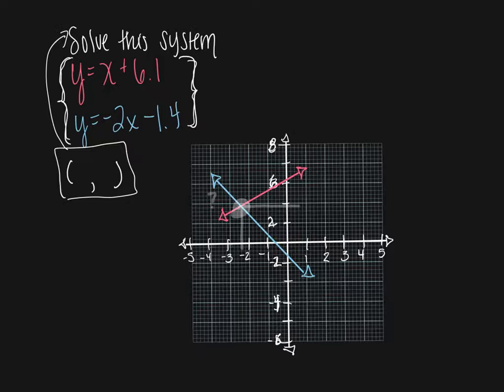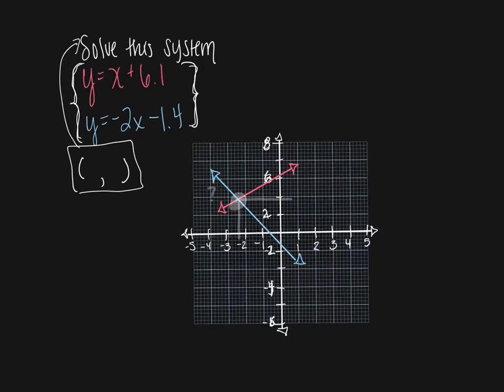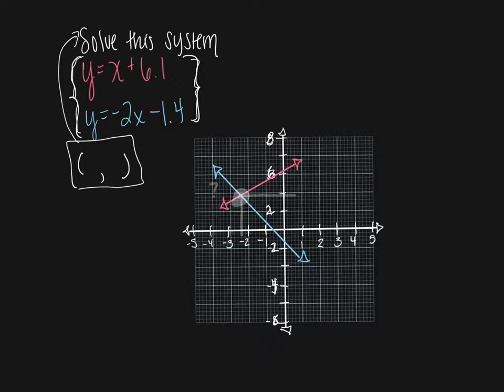Well, let's think about this for a second. If I know that I have a y equals up here, and I have y equals down here, is it true then that if it's a pair of solutions that my y equals my y? Well, logically it should be.